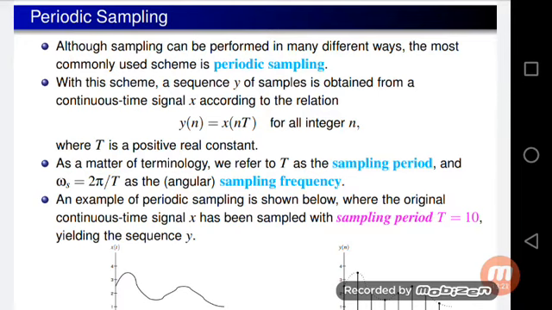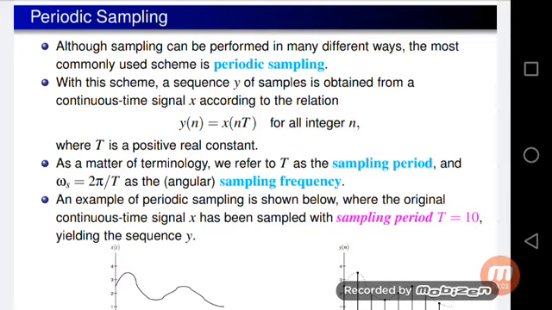And although sampling can be performed in many different ways, the most commonly used scheme is periodic sampling. With this scheme, a sequence of samples is obtained from a continuous time signal according to the relation y of n equal to x of nT, where T is a positive real constant.